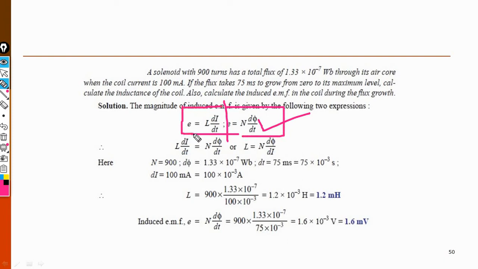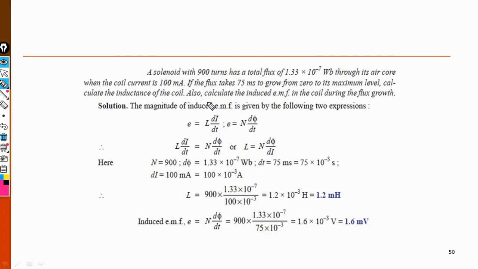These two formulae are very important to find out first the self-inductance and then the induced EMF in the coil. Both EMFs are the same, that is, the left hand side is the same. Then taking the right hand side, L into di by dt and N d phi by dt. That means left hand side is equal to right hand side.